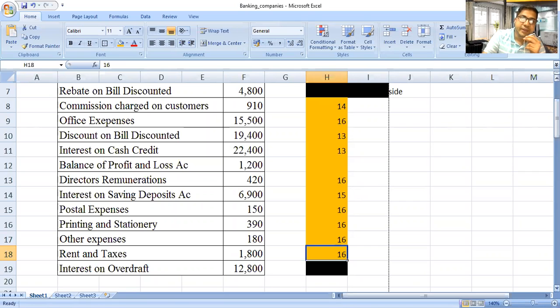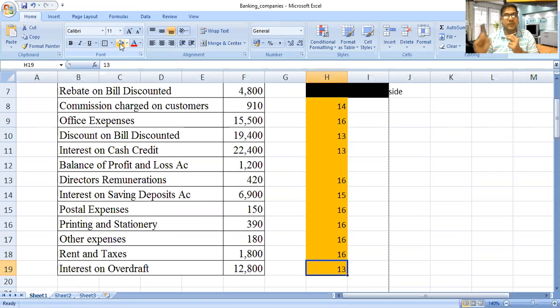So whatever interest is received by the bank is the income of the bank. Interest on overdraft is income, and it will come under interest earned. Schedule 30. So friends, I hope you understood.